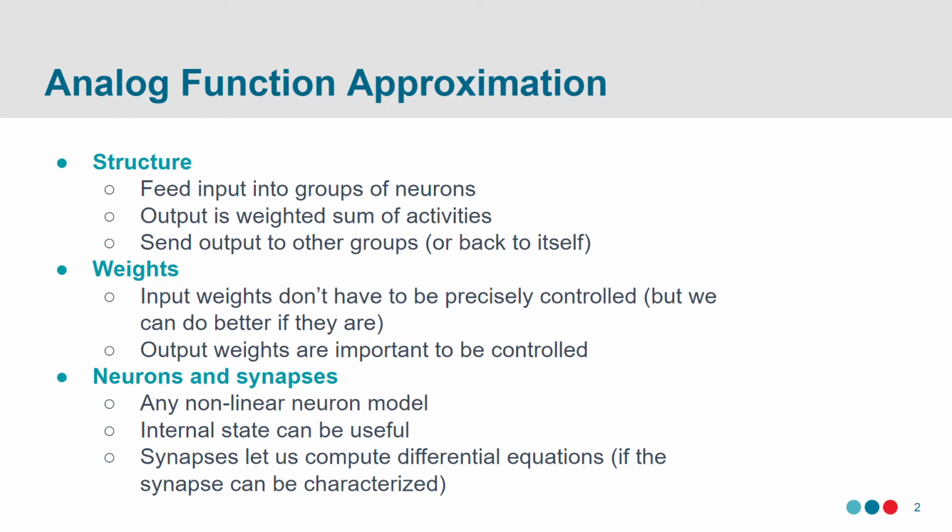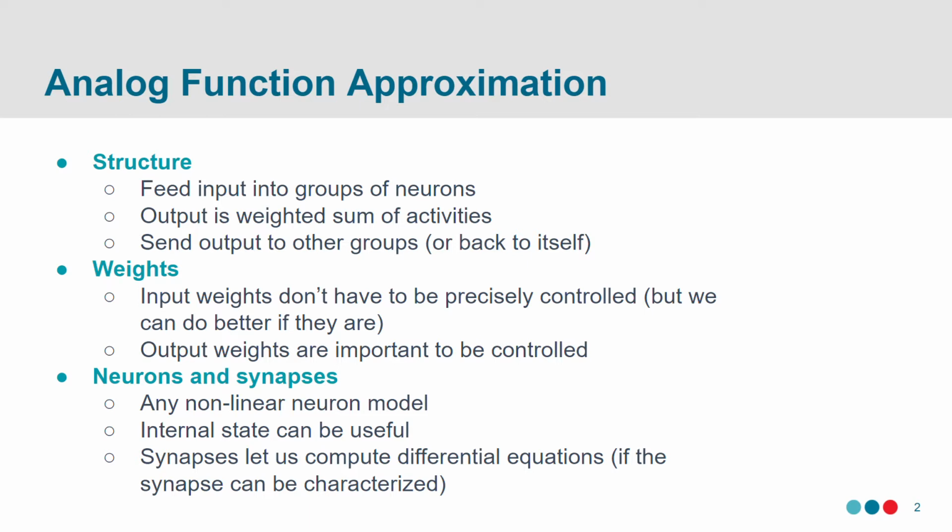A couple of interesting aspects: the input weights, so the weights between the input and the neurons themselves, don't have to be precisely controlled. We can do better if they are. That's very much related to the original days of perceptrons, where the plan was that the first set of feature extraction is done randomly, but of course, if you can find features that are more suited to the particular task, then you can do better.